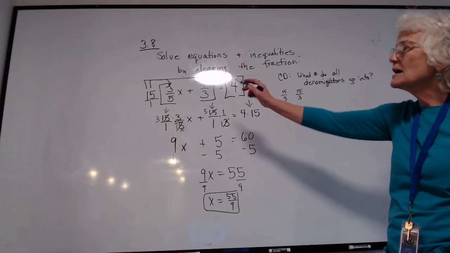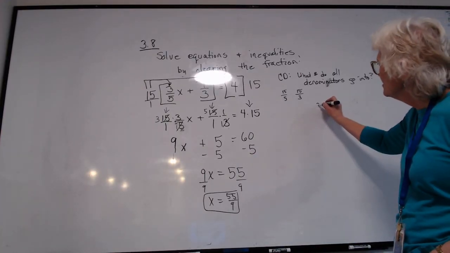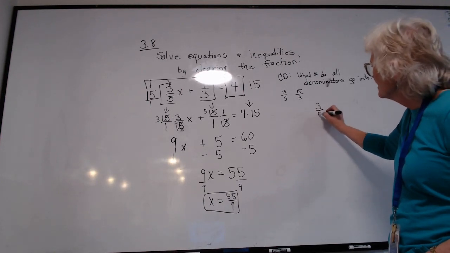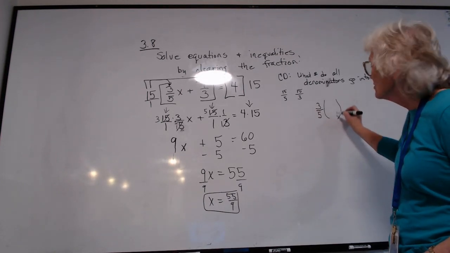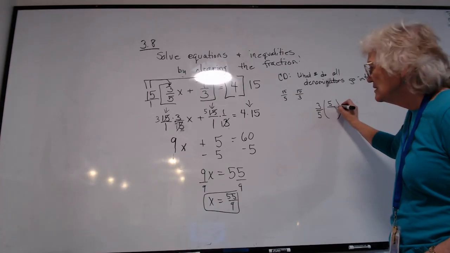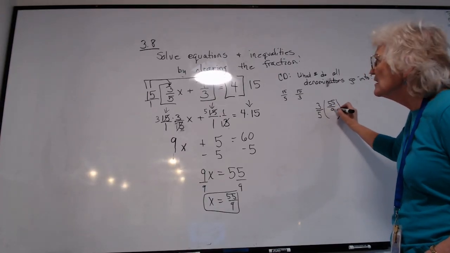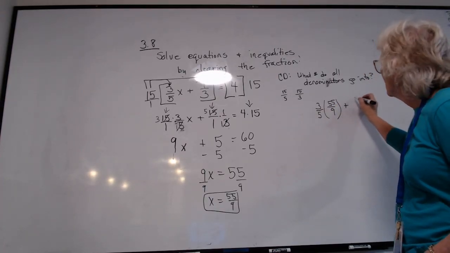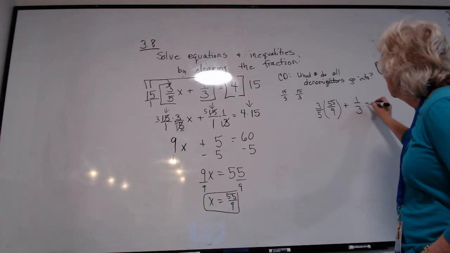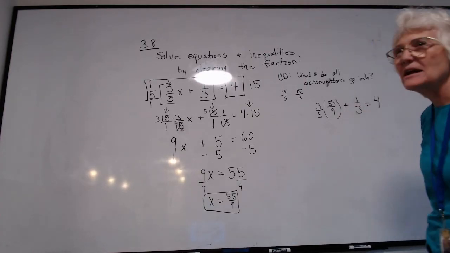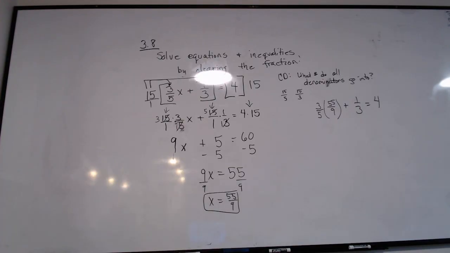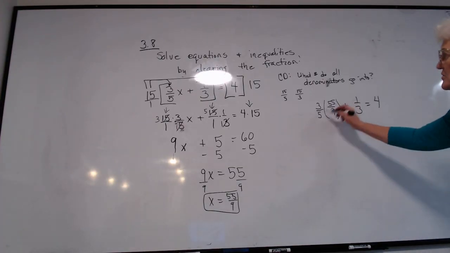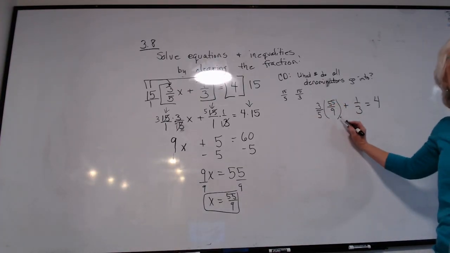Yes, I can go back and put it into my original equation. I'll just tell you this is a lot more work, but it is very important to do. That's 55 over 9 plus 1/3 equals 4. So we can actually check it. Again, when you're doing multiplication, learn to cross reduce.